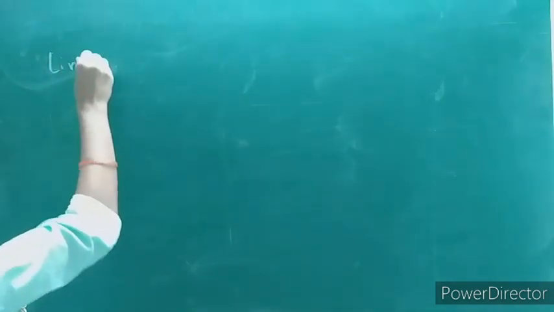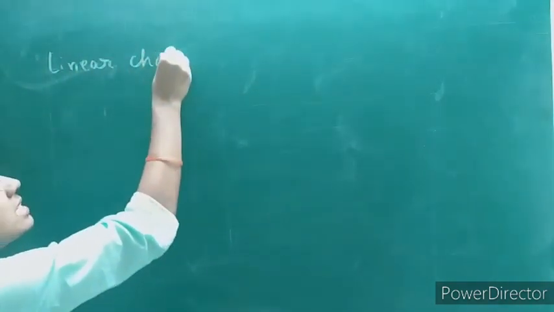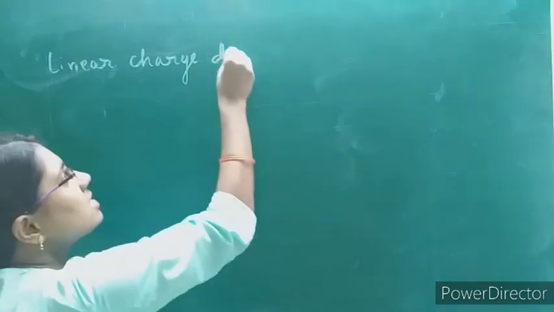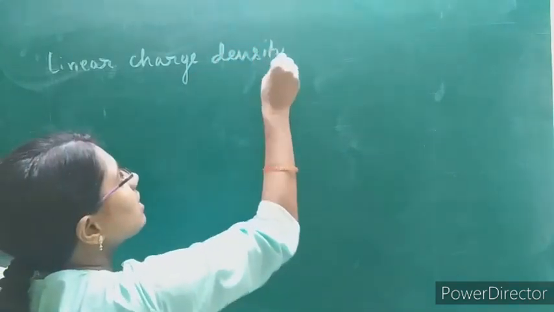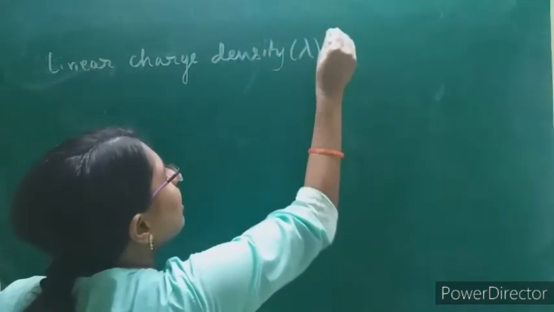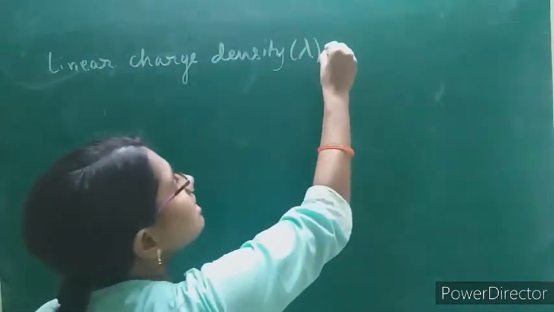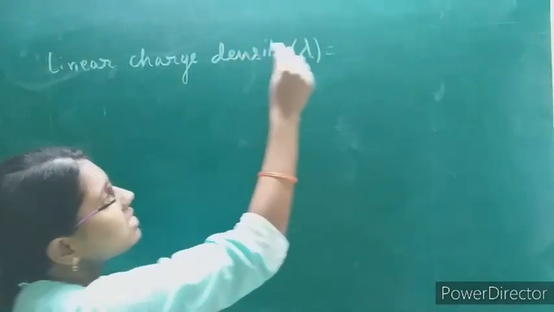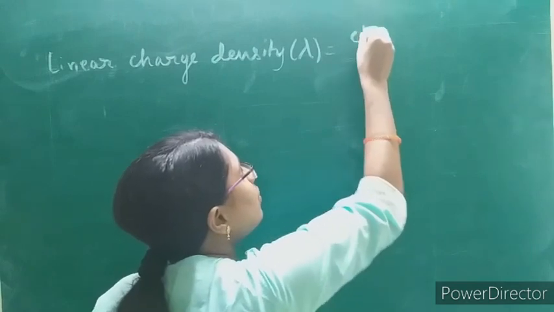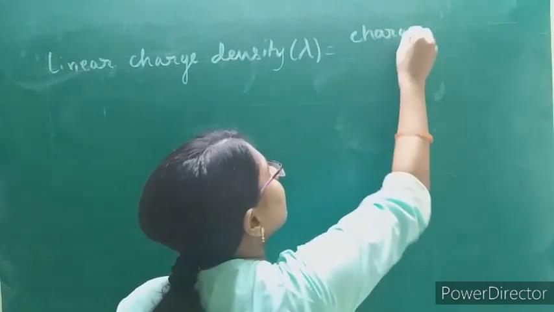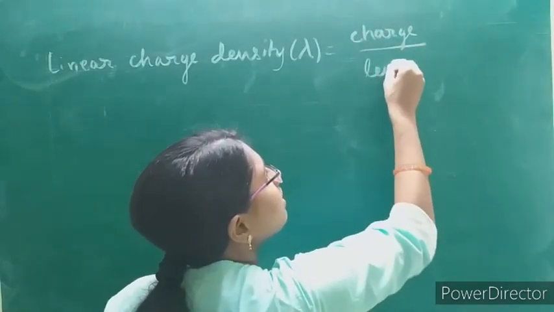So what is the linear charge density? Here linear charge density is represented by the symbol lambda, and it is defined as the amount of charge acting per unit length.